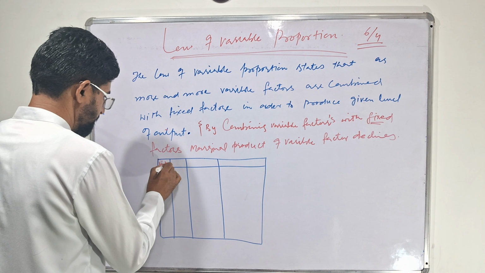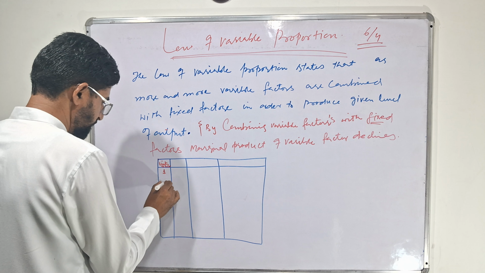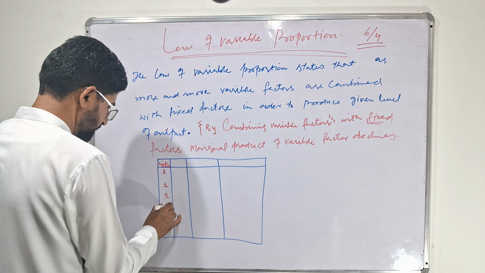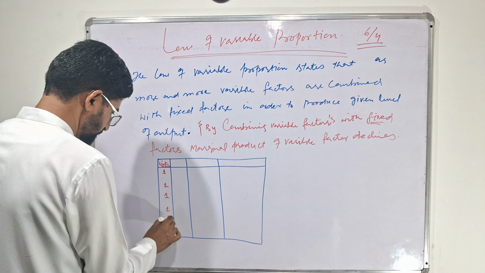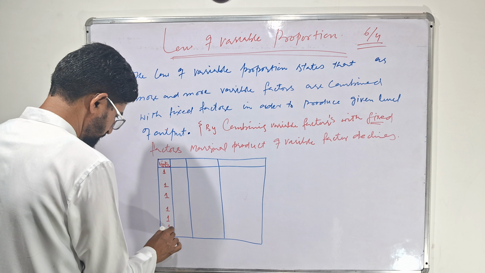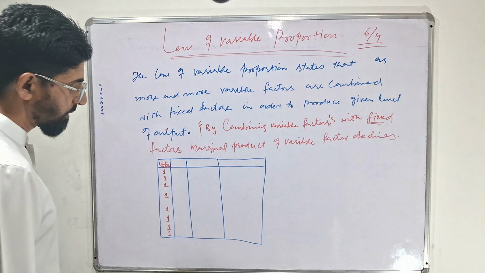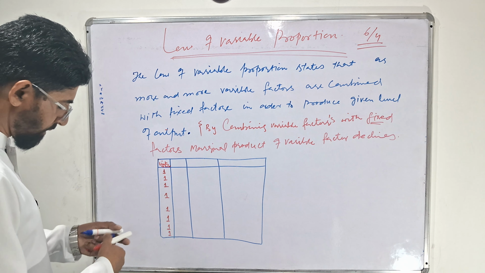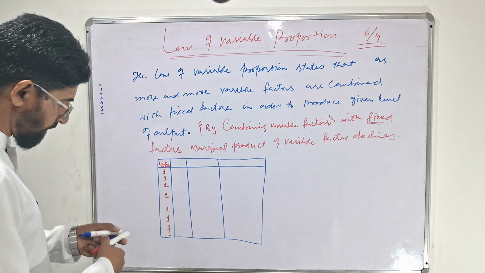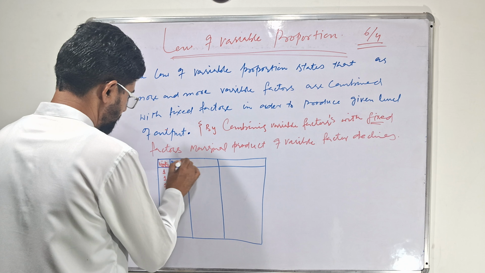Land is also considered a fixed factor. That is why I write 1, 1, 1. It is considered a fixed factor. Then units of labor.